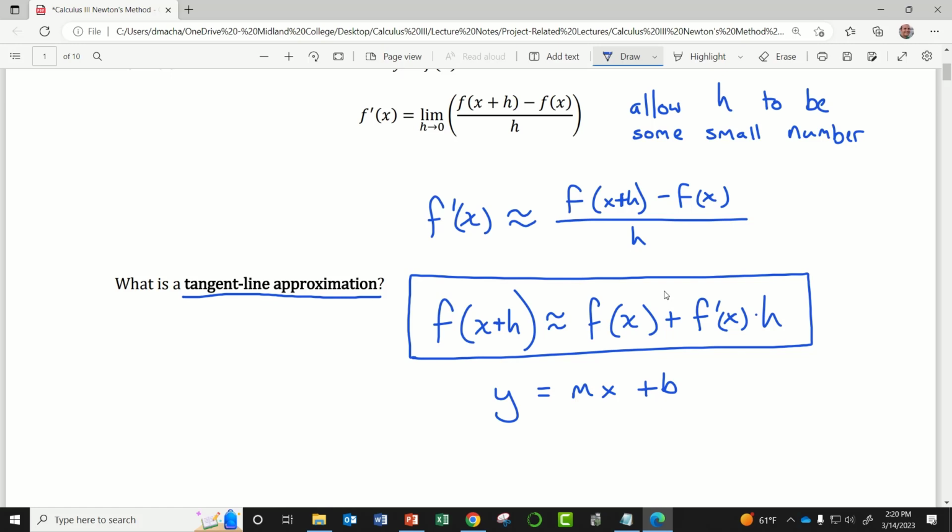H is going to be my sort of x value, my variable here. And then, of course, b is going to be this f of x value, right? That's the height of my function above the x-axis, or the value of my function whenever h is equal to 0. But anyways, this is the formula for a tangent line.